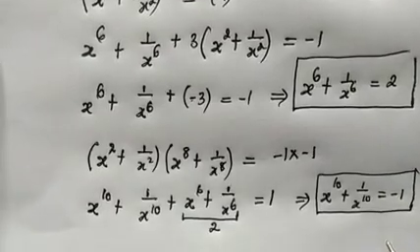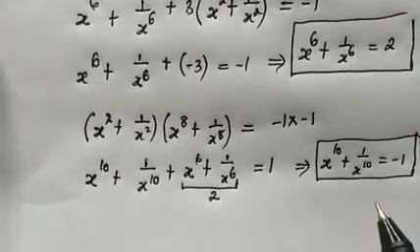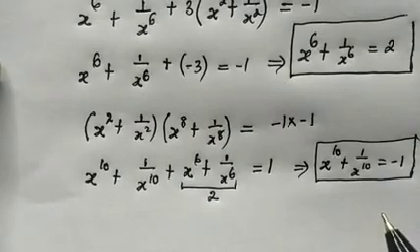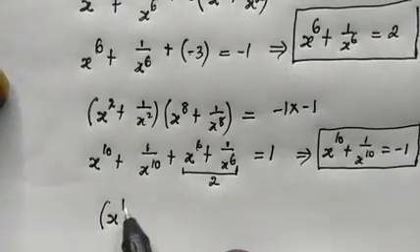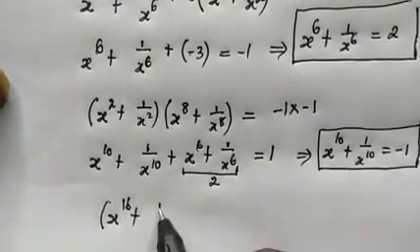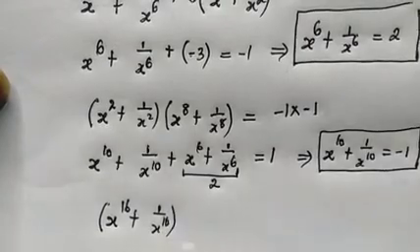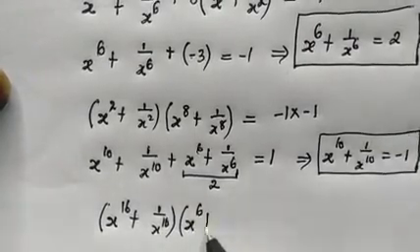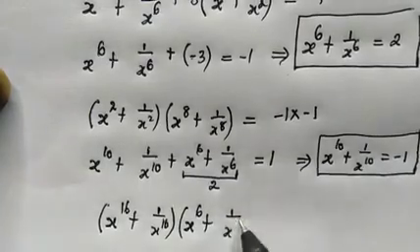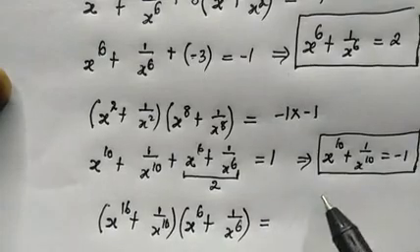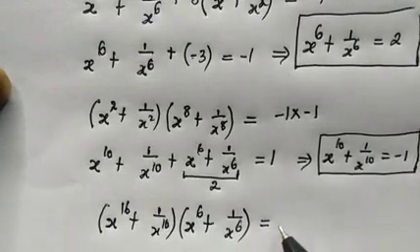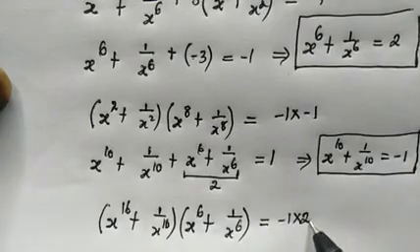Okay, that's cool. Now we're going to obtain the value for x to the power of 22 plus 1 over x to the power of 22. To obtain the value, we need to multiply x to the power of 16 plus 1 over x to the power of 16 by x to the power of 6 plus 1 over x to the power of 6. Correspondingly, this is equal to negative 1 times 2.